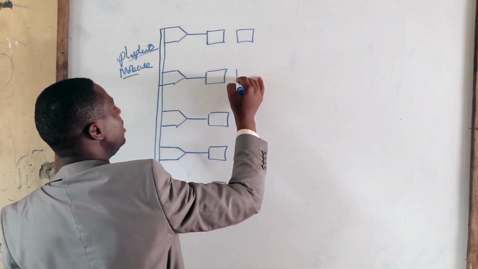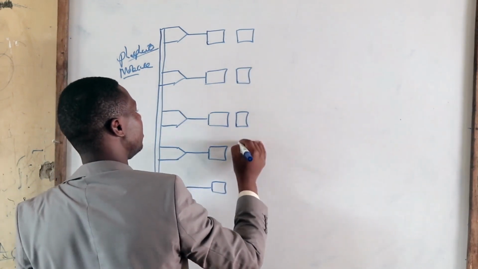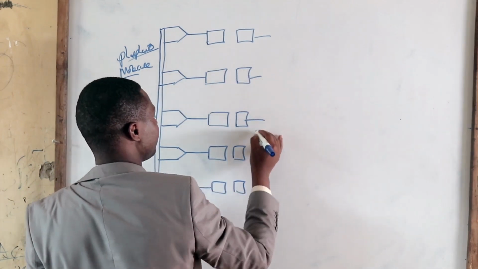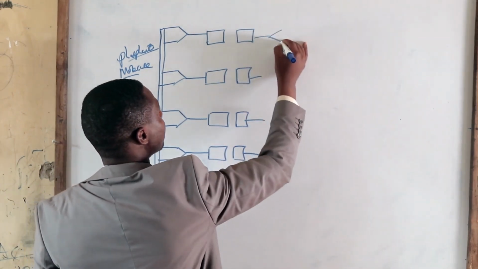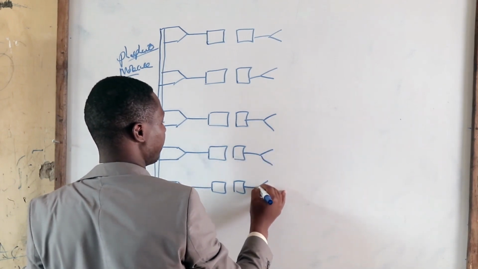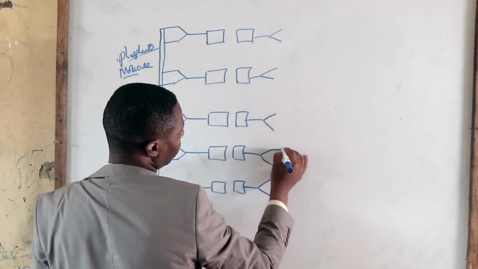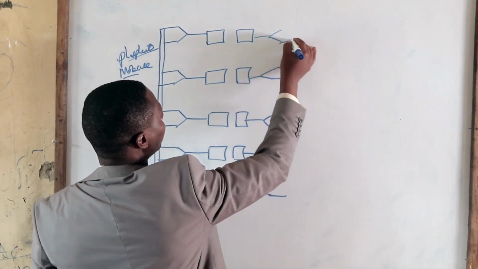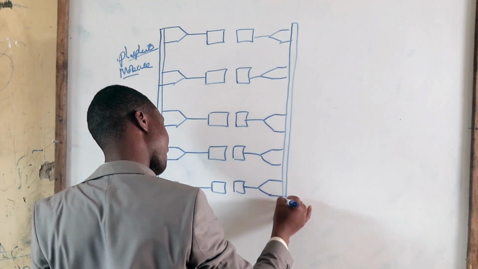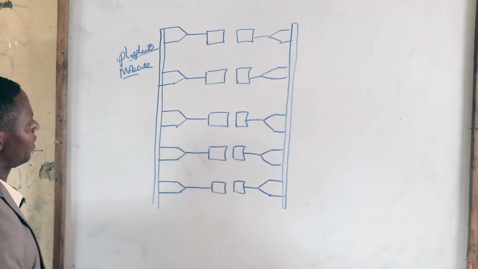So we have a double strand. It is two-sided. It has two strands. So that is the structure of a DNA.